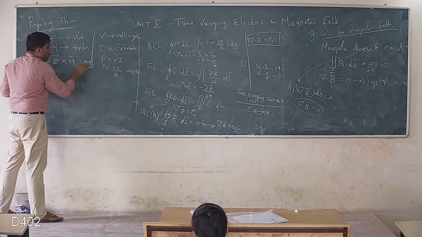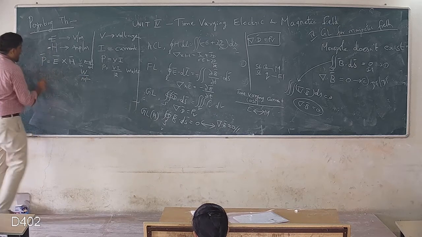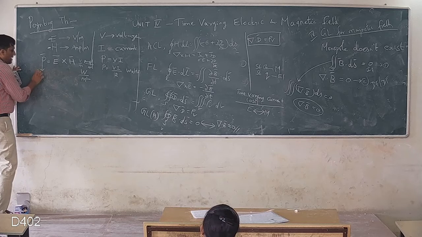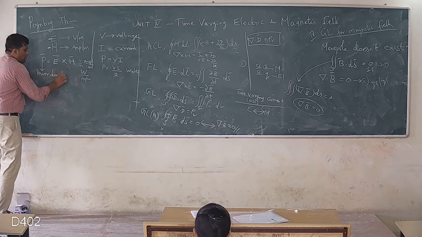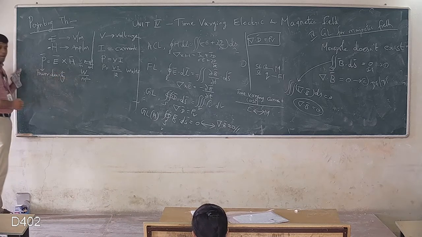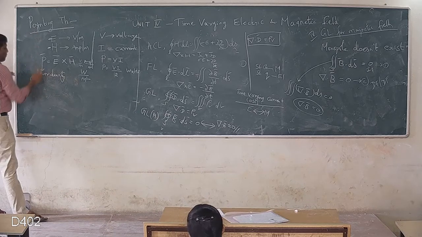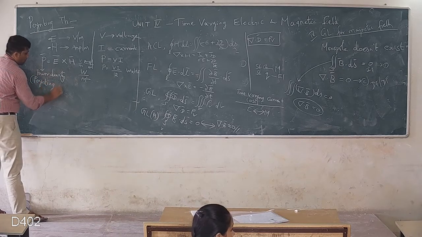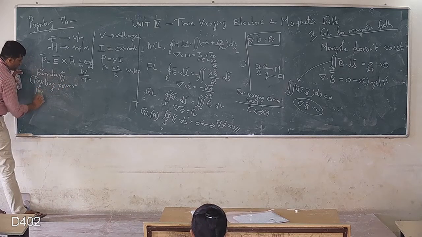So volt amp is nothing but watts per meter square. Therefore this P can be redefined as power density, since it involves meter square. This power can also be called Poynting power, which is nothing but Poynting vector.